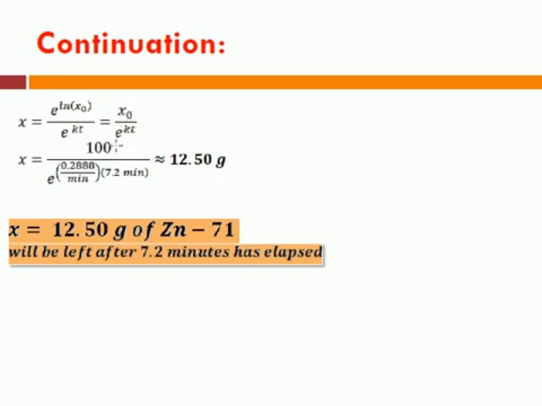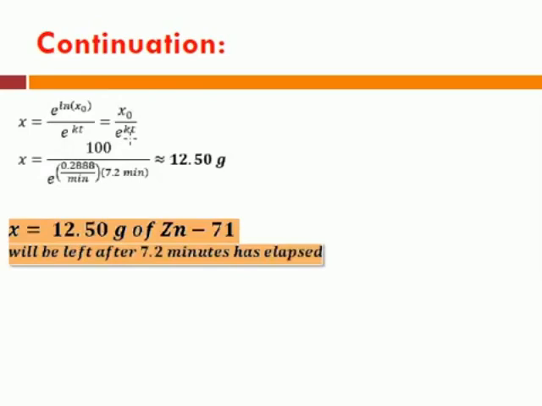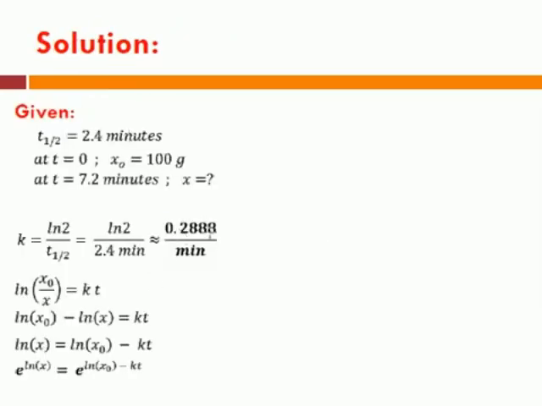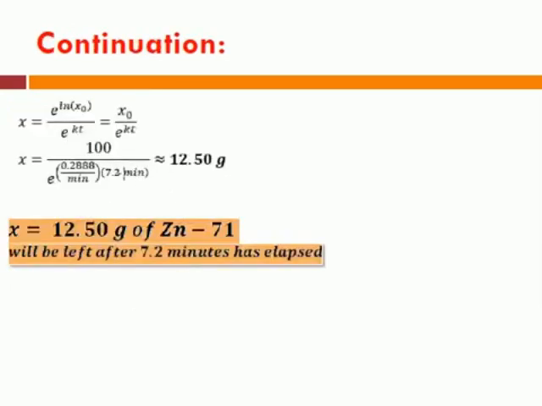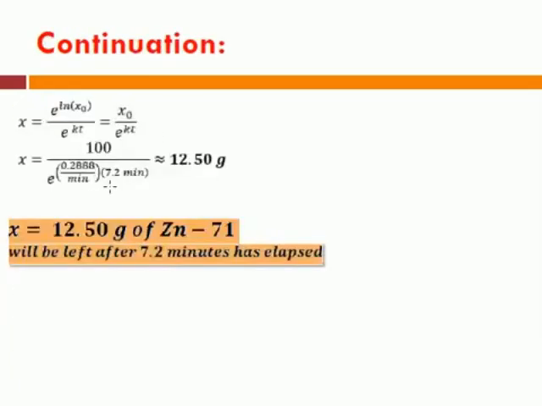X sub o is equal to 100. E raised to kt, where K is 0.288 per minute and t is 7.2 minutes. So evaluate this one.